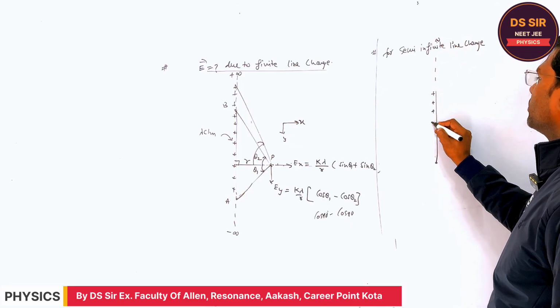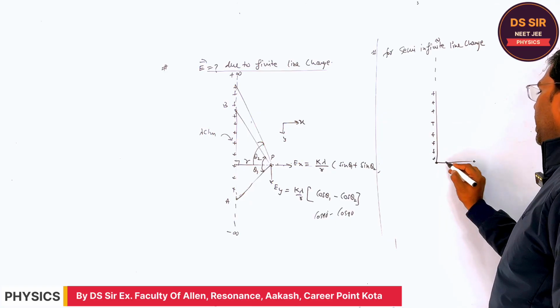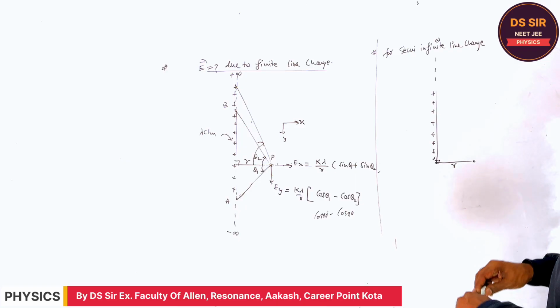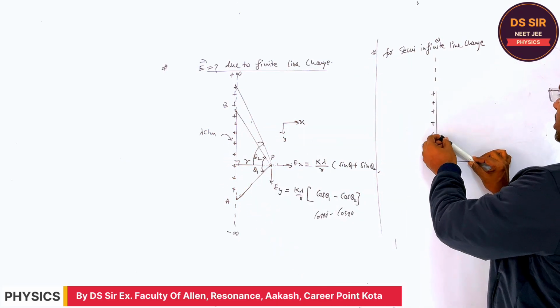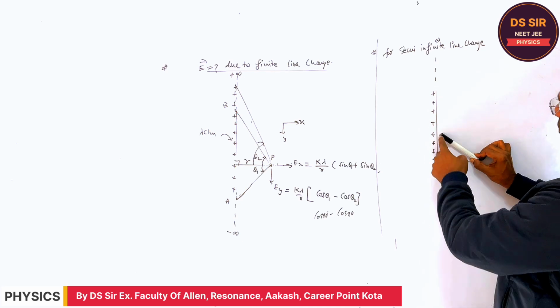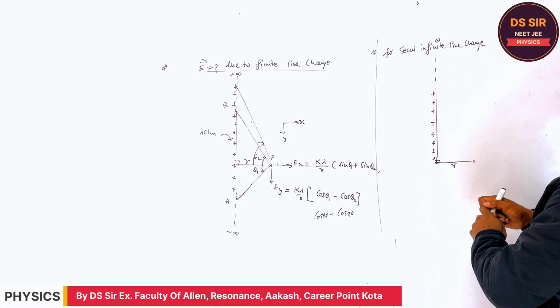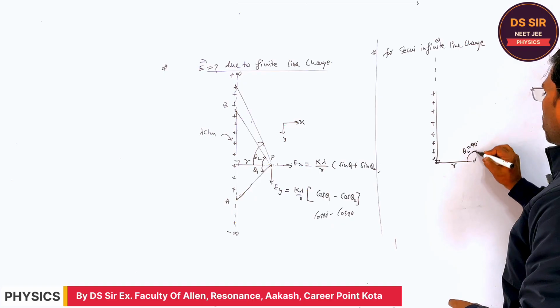You tell. So this is the point at perpendicular distance r where you have to find the electric field. In this case, listen, this is theta 2, and if it is infinity, theta 2 becomes 90 degrees. Is it clear or not, you tell?